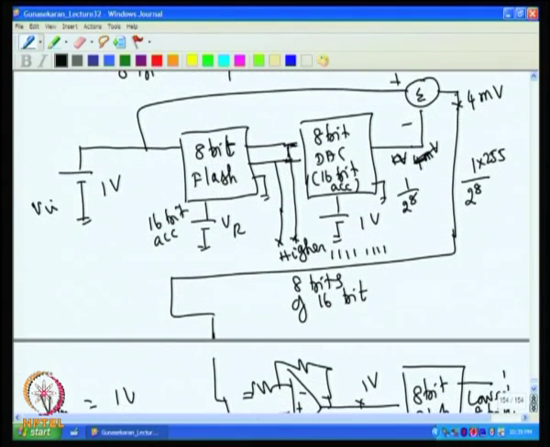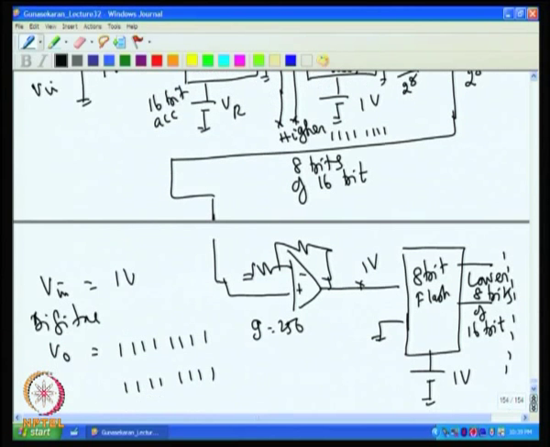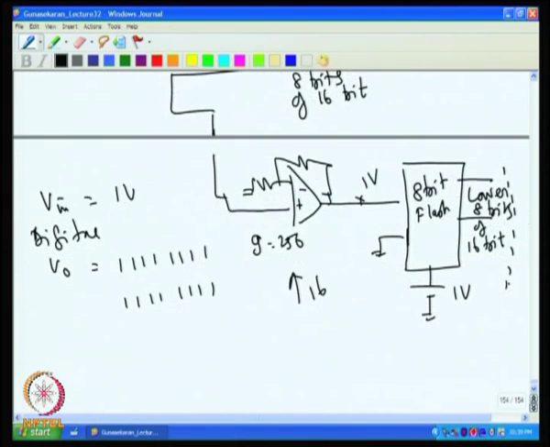Of course, the conversion has to be done in 2 stages and the amplifier has to be made. For example, if I want 12 bit accuracy, then I can have a gain of 16 here, and then I can put a 4 bit converter here, and again that 4 bit will give me 111.